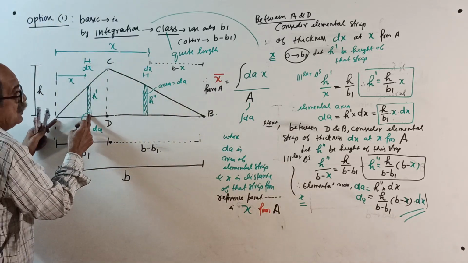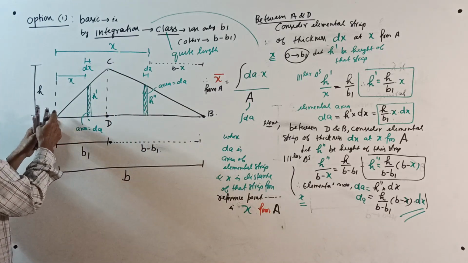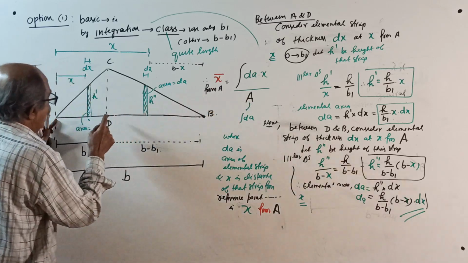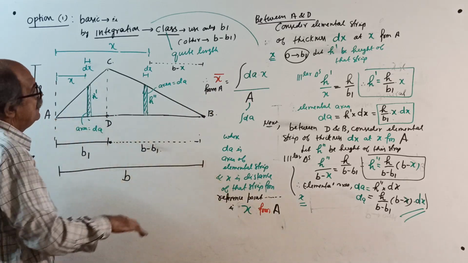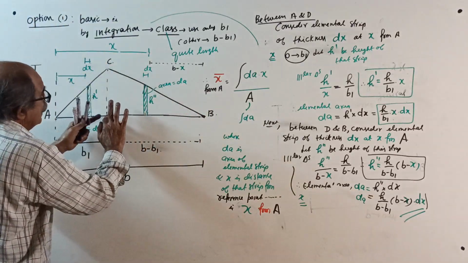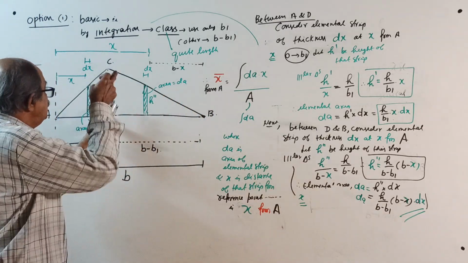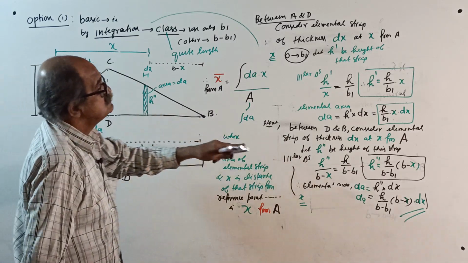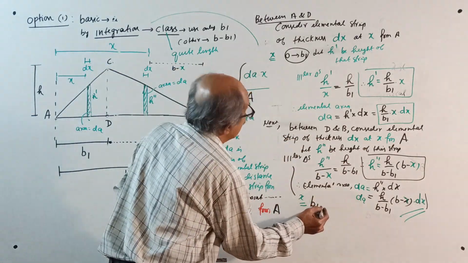So for this strip, the lower limit: A is the starting point, distance of A from A is 0. And the upper limit, distance of D from A, is B1. For this strip, it lies between D and B. Once again, start at D: lower limit, distance of D from A, is B1.